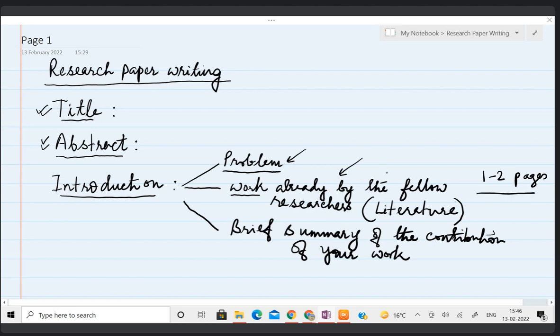And the important thing is that the work undertaken by fellow researchers in recent years, that means within 3 or 4 years, reported in the literature should be mentioned in the paper. Although you may mention some of the earlier works taken by researchers, maybe 10 to 20 years back also, so that could form the basis for all the work that has happened up till now.